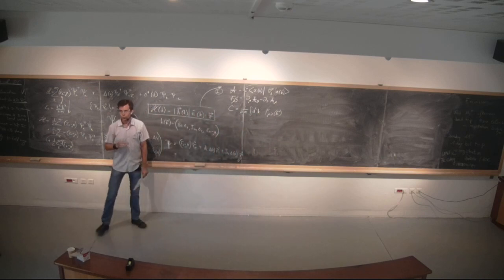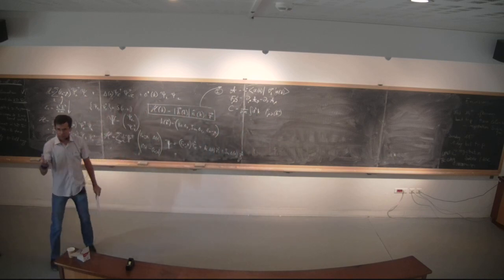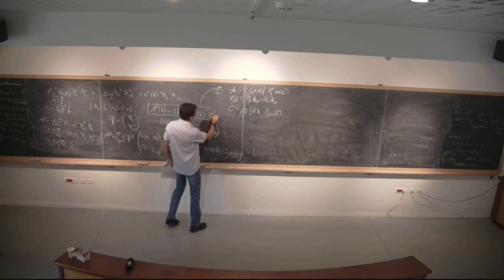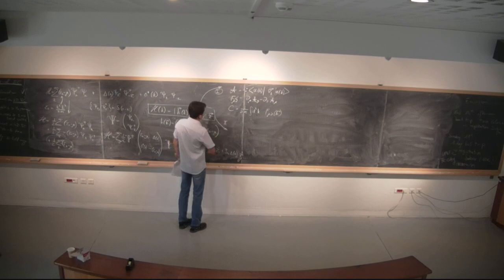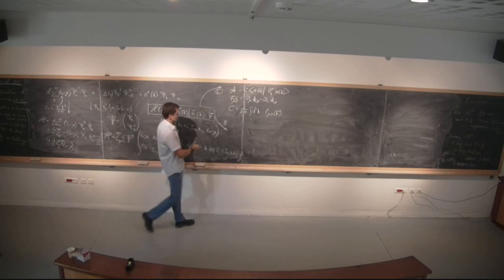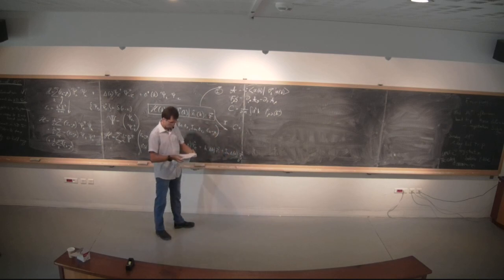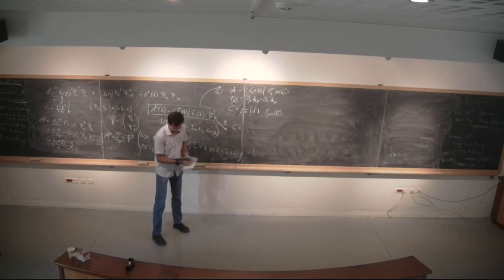So this is one way to proceed. Another entirely alternative way, which will give you the same answer, right? So another way of doing it is to define the same Chern number in a slightly different way, which I want to make sure I don't miss the factors, right, of pi.